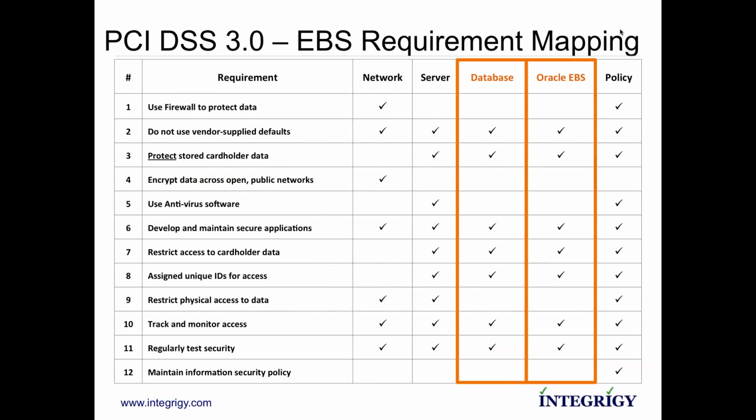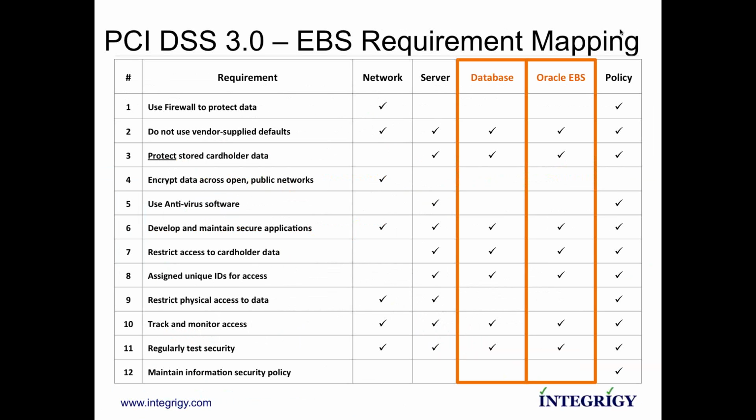When you break down the PCI DSS, there are 12 main categories. So if you read down on the left there, use of a firewall, defaults, and we've simplified the PCI DSS requirements here into the high-level requirements on the left.